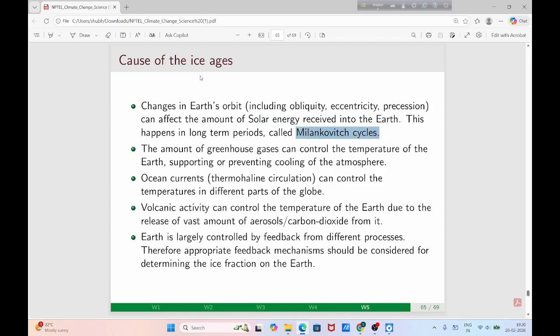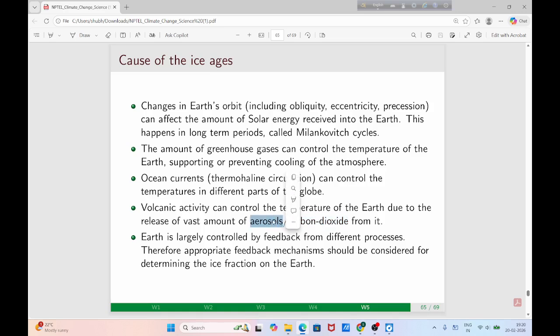So these are the main causes. यही मुख्य कारण है आइस एज का। Now, there are other smaller causes, different factors including greenhouse gases or the ocean currents we have discussed, the Atlantic circulation, the Pacific circulation, thermohaline circulation. ये भी तापमान को नियंत्रित करता है। Another cause is volcanic activity. अगर volcanic eruption होता है तो it can release a vast amount of carbon dioxide and it can also release aerosols.